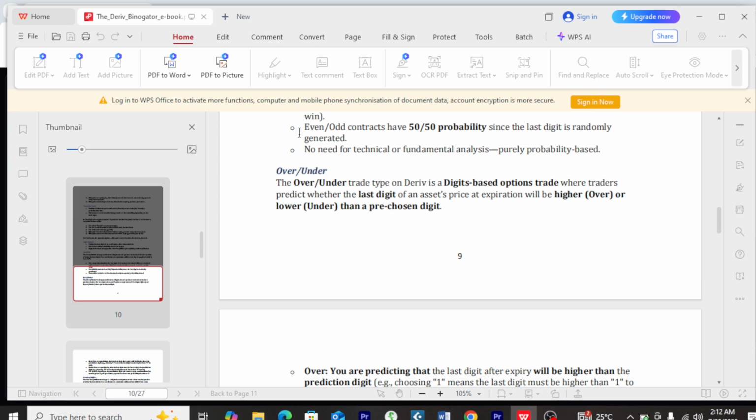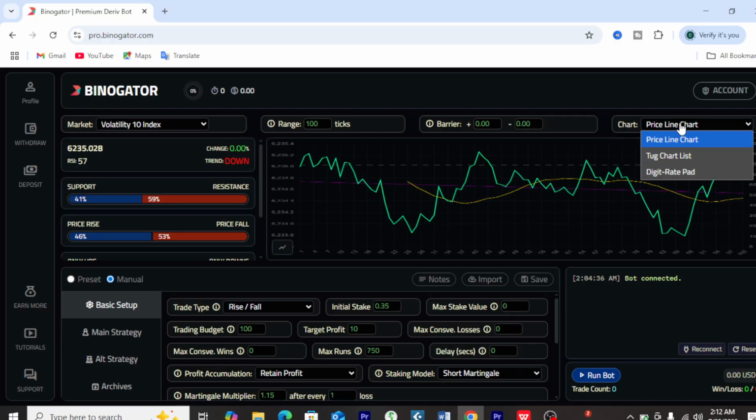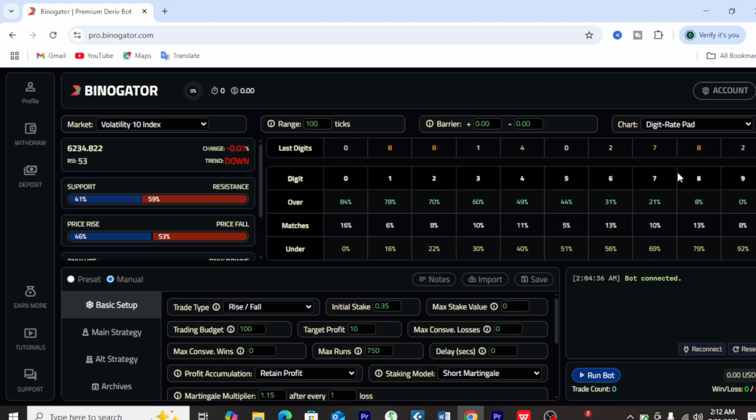So there are a few things that are needed in this over-unders. A prediction digit that's going to be needed to predict which either is going to be higher or lower than the prediction digit. Right, so let's go over to the Binogator app, and I'm going to change this to the digit rate part.